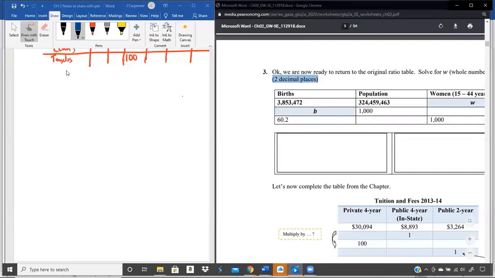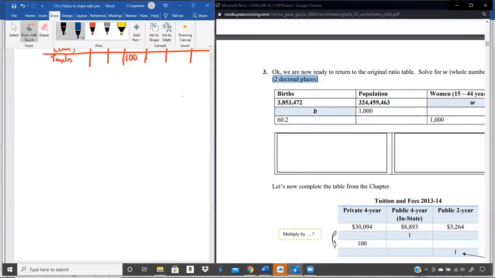All right, so 3.8 million over the B is equal to the 324 million. Now, when I do my calculator, I will write the numbers in appropriately.